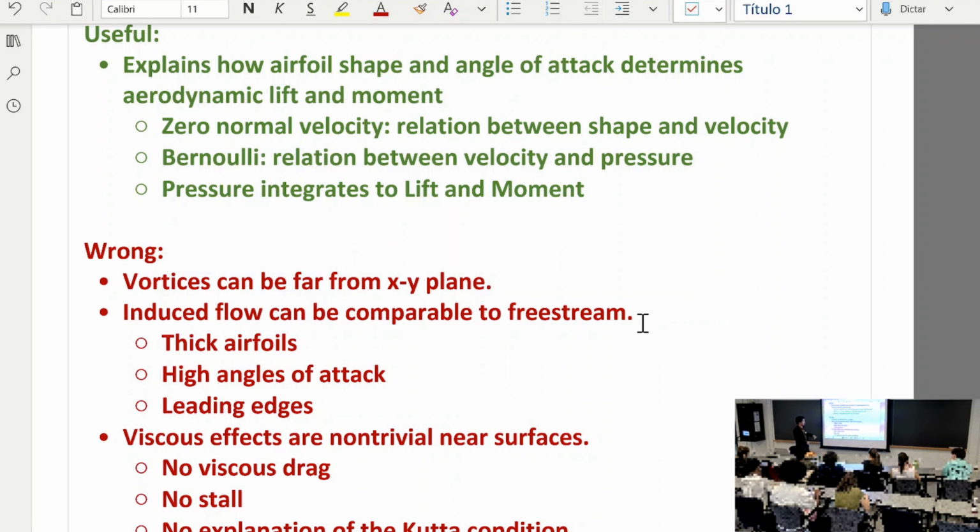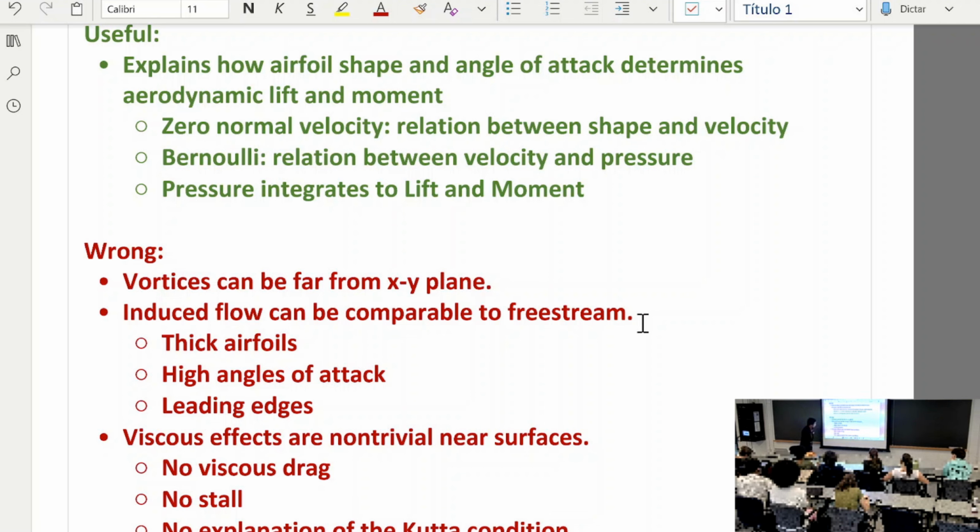So the assumption that the induced flow is small compared to free stream is never correct exactly at the leading edge. If you have a very thin airfoil, it's only incorrect in a small region at the leading edge. If you have a thick airfoil, then it's incorrect over a bigger region near the leading edge.